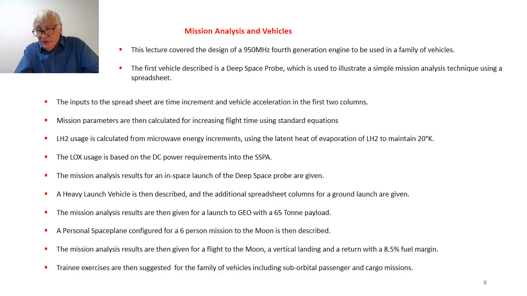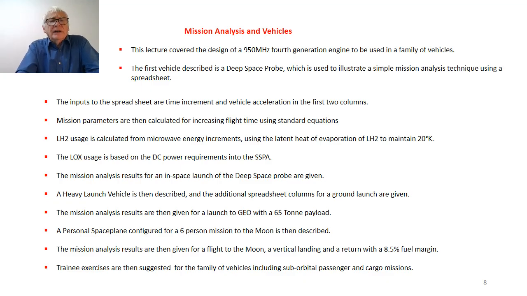Now, the equations you use are very standard equations of mechanics. There's nothing magic about them, and they give you the ability to really vary mission parameters at will, whilst ensuring that the end results are going to be correct.